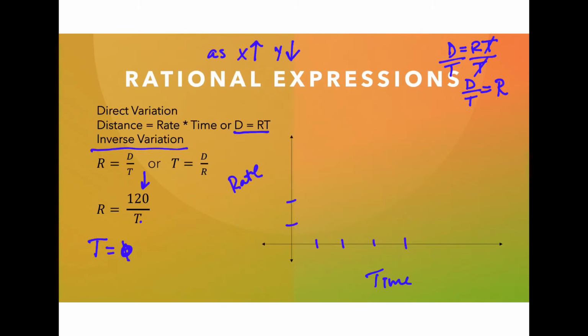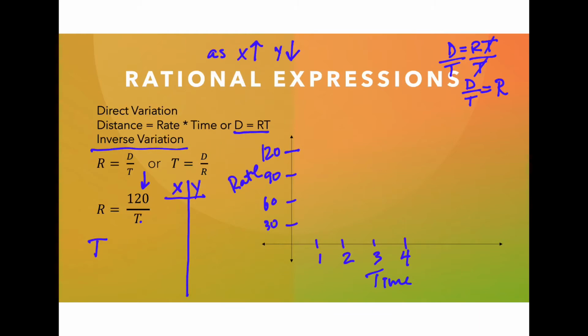And let's just go ahead and put a few things here. I'm going to say 1, 2, 3, 4, and I'm going to do it by 30s here. So 30, 60, 90, 120. And let's start by graphing some points here.